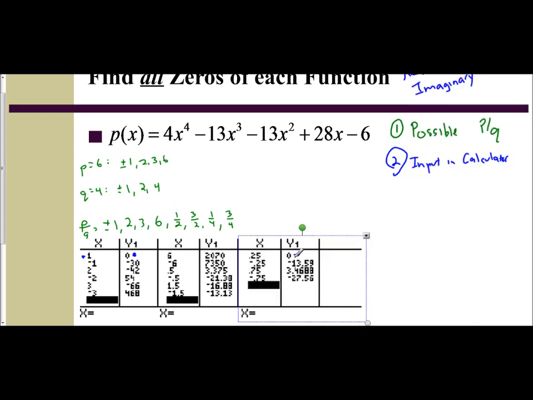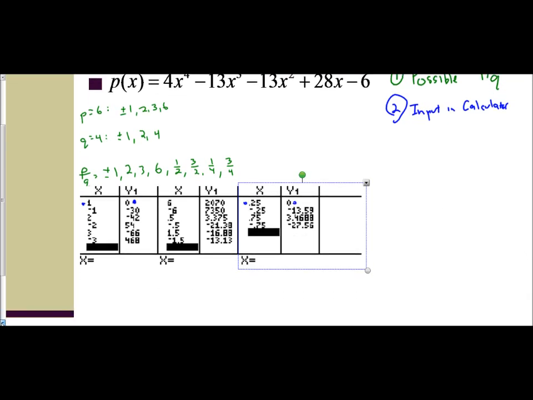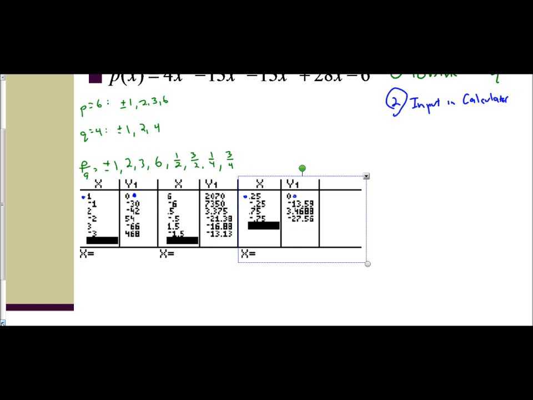I see I have another 0 as well at x equals 0.25, which is 1/4. So my rational zeros are x equals 1 and 1/4.